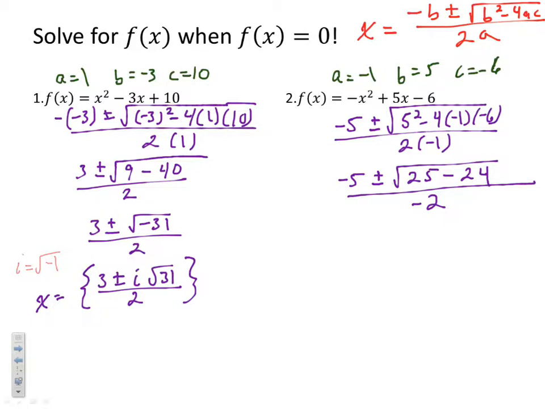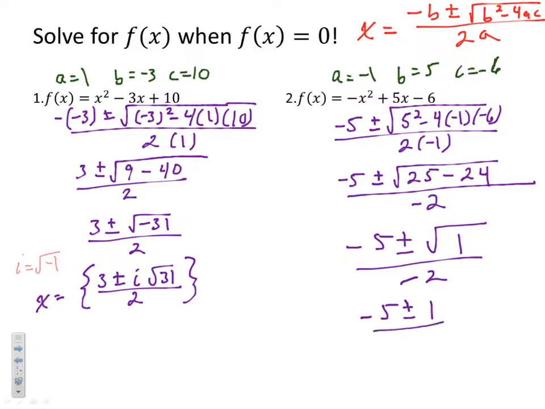So as we solve this, we get -5 plus or minus square root 1 all over -2, which is -5 plus or minus 1 all over -2, which is going to give me 2 setups here. It's going to be -5 minus 1 over -2, which equals 3.